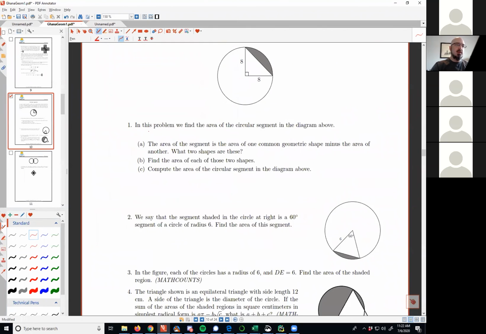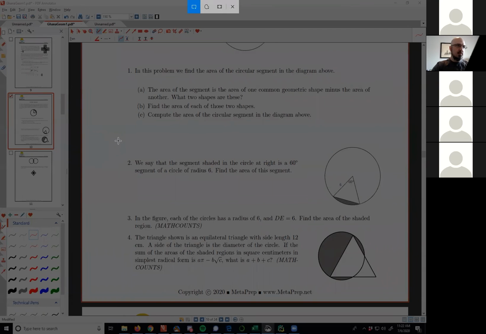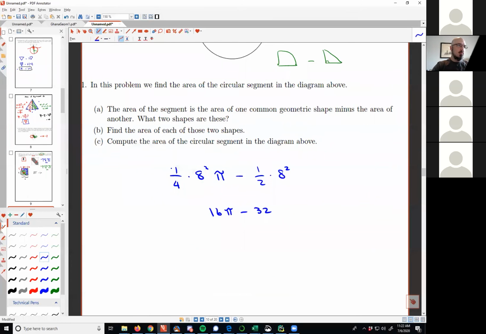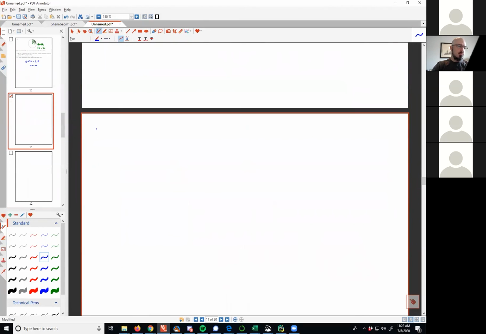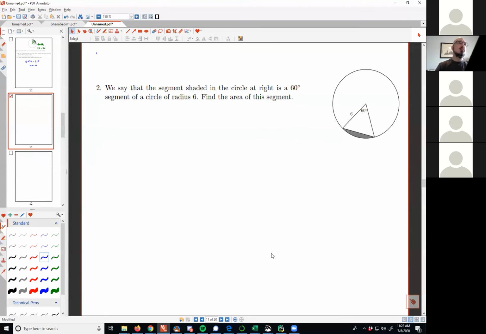Good. So how about one where we have a 60-degree sector? Then you'd have to find the area of the sector using the angle. So that would be 60 out of 360 times pi r squared. Good.